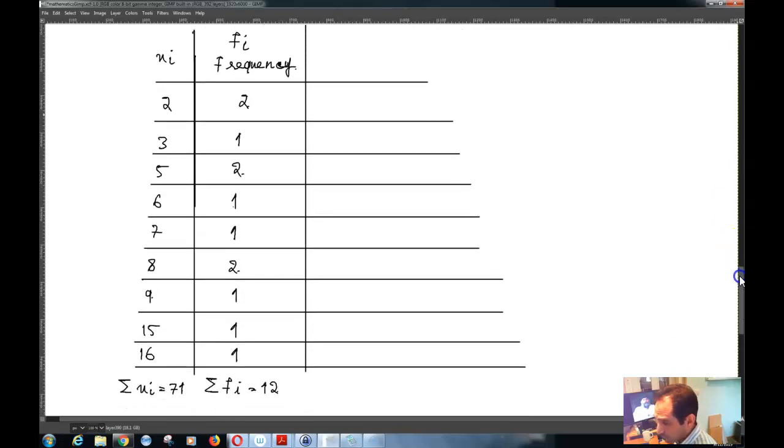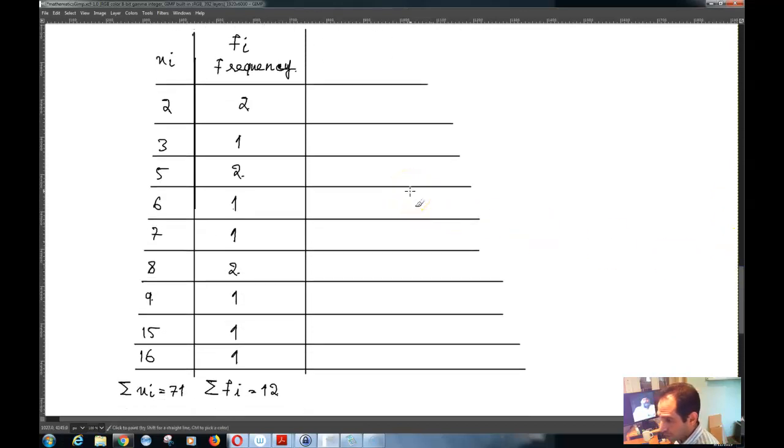Now, what I can do here, in order to make things simpler, is introduce or define another column here, call it x of i times f of i, meaning this x of i times the number of times that it's been repeated.